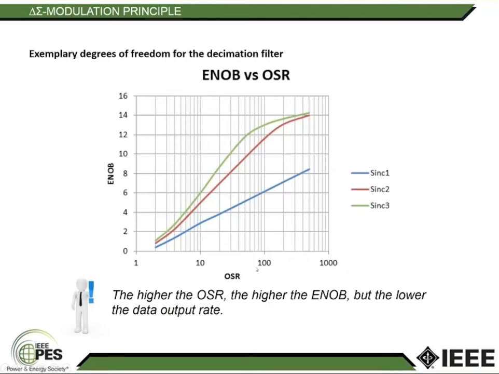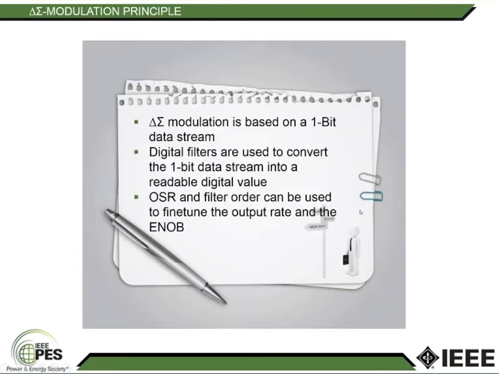So the conclusion is the higher the oversampling rate, the higher the ENOB, the effective number of bits, but the lower the data output rate. Summarizing this second chapter, delta sigma modulation is based on a 1-bit data stream. Digital filters are used to convert the 1-bit data stream into a readable digital value. Oversampling rate and filter order can be used to fine-tune the output rate and the ENOB.